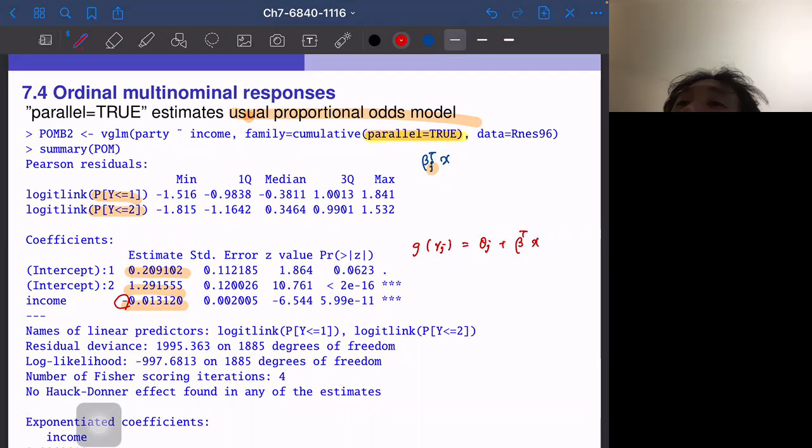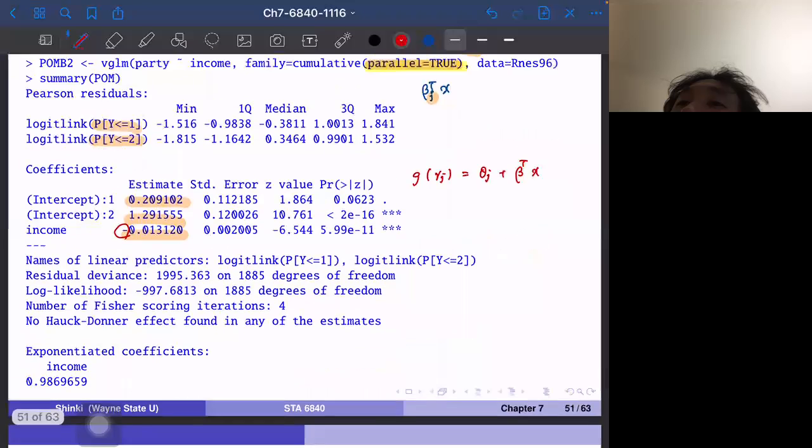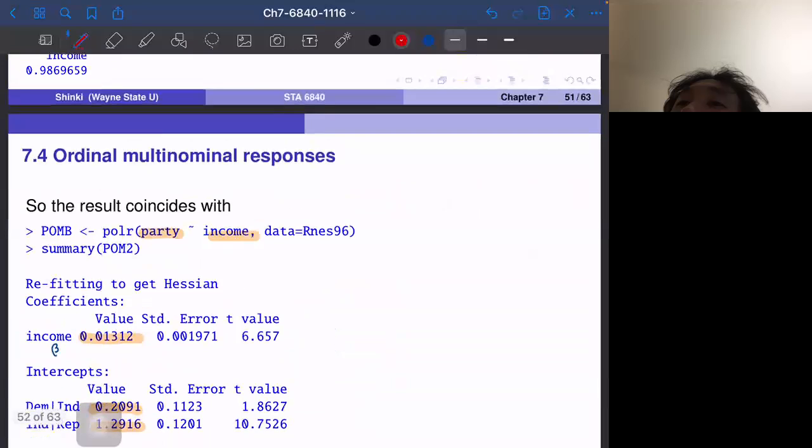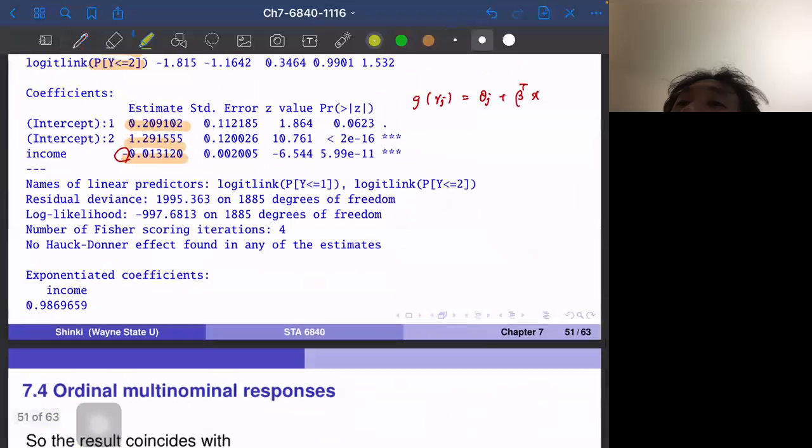This is the notation, but in the polr function, as we discussed before, g of gamma j is equal to theta j minus beta transpose x. So we have different coefficients, so just be careful.